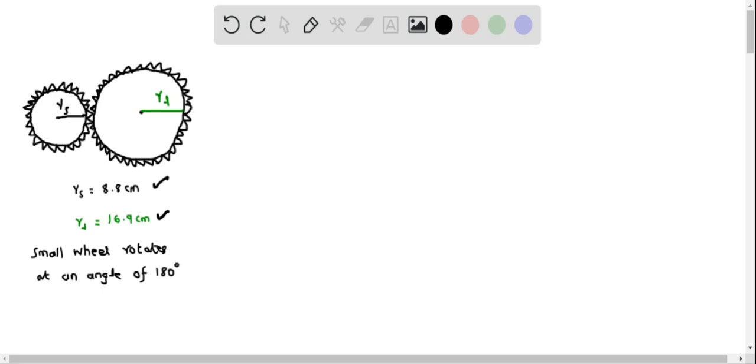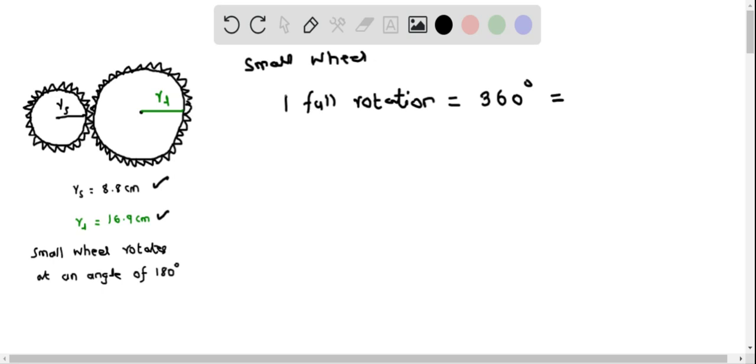That is, if it makes one full rotation, this is for the smaller wheel, one full rotation, and this equals 360 degree.